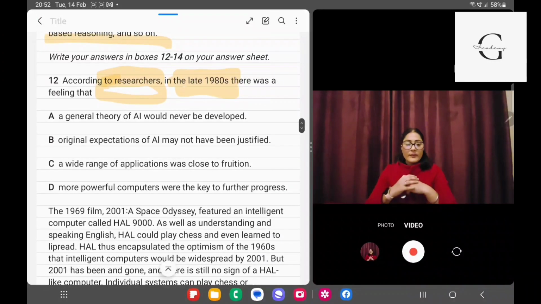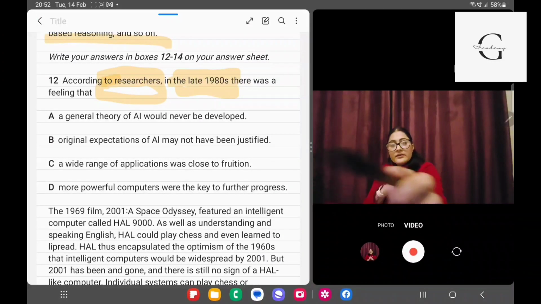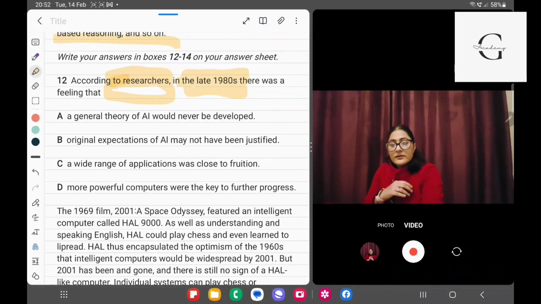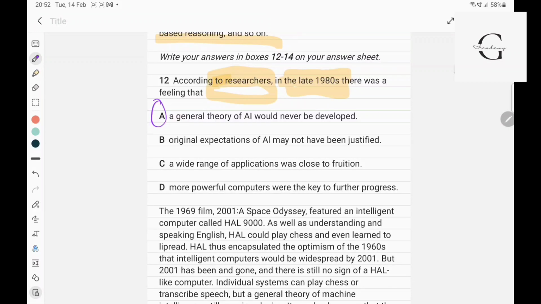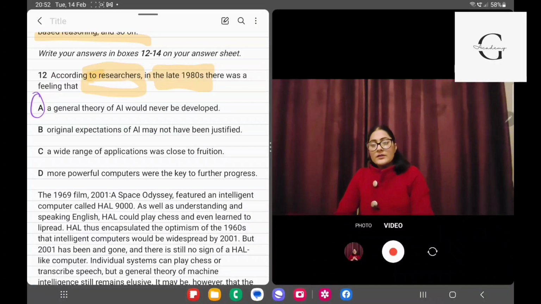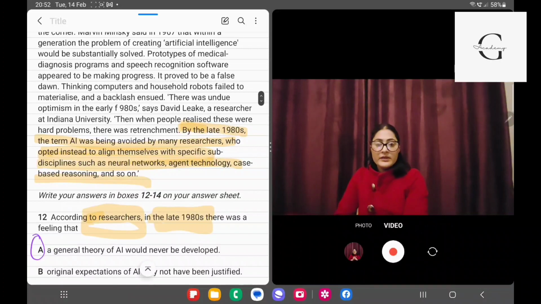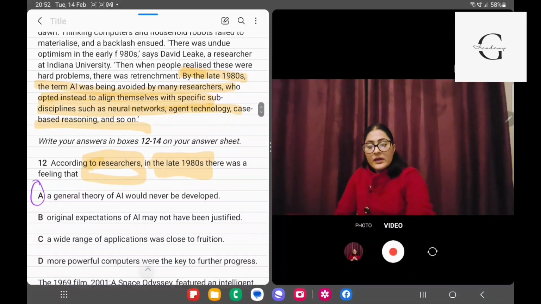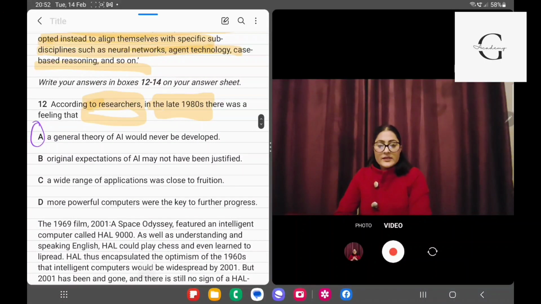Let's see. Option A is, a general theory of AI would never be developed. So there was nothing about theory I have read over there, because they have not discussed theory. So option B is, original expectations of AI may not have been justified.